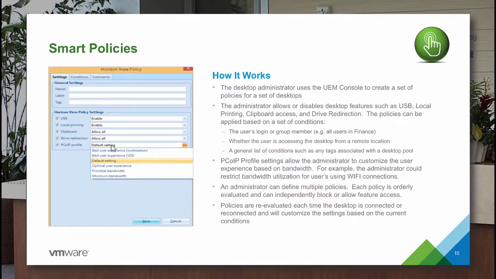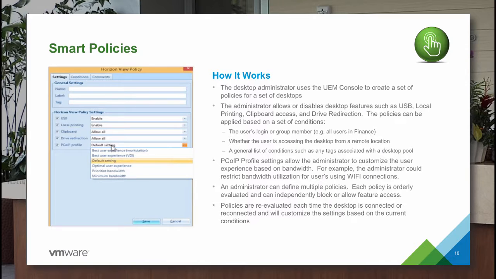So how does it work? The desktop admin is going to use the User Environment Manager console to create a set of policies for a set of desktops. They're going to allow or disable features, like we said, could be USB, local printing, clipboard access, drive redirection, and PC over IP profile to determine bandwidth or quality of service.